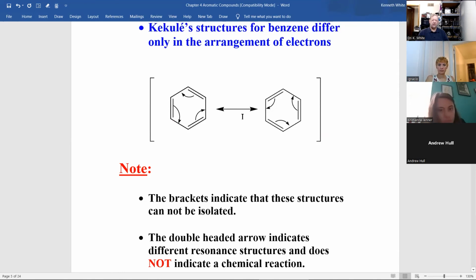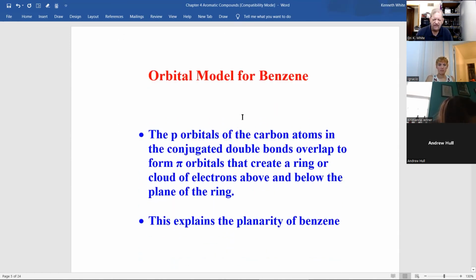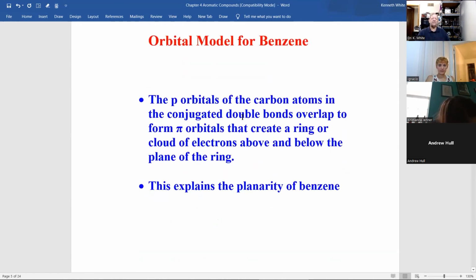This shows there's resonance and the electrons can flow either way, and it happens at the same time. This is because the p orbitals in benzene's double bonds overlap to form a ring or a cloud above and below the plane. And benzene is flat, unlike cyclohexane.